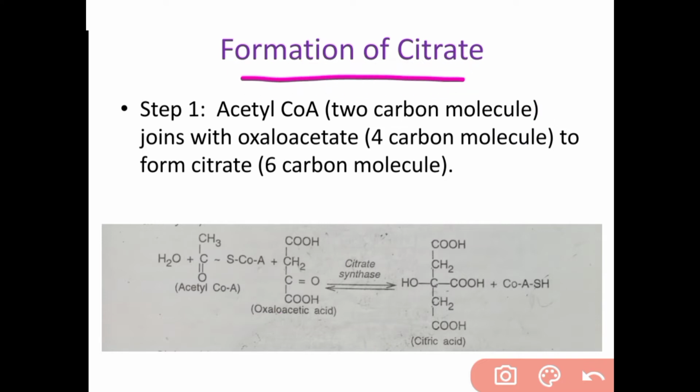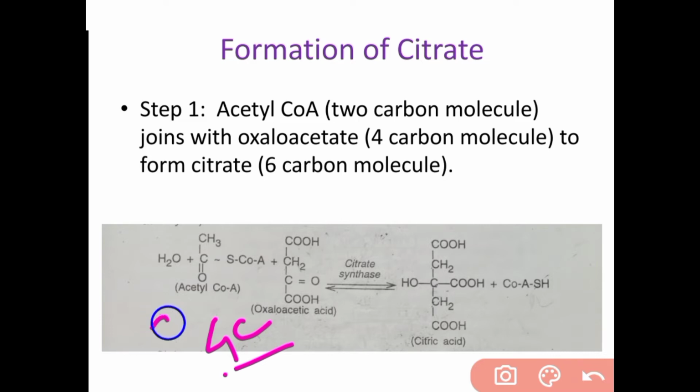Acetyl-CoA, which is a 2 carbon molecule, joins with oxaloacetate, also called oxaloacetic acid, which is a 4 carbon molecule, to form citrate. This is 2 carbon and this is 4 carbon, then it forms a 6 carbon molecule of citrate or citric acid.